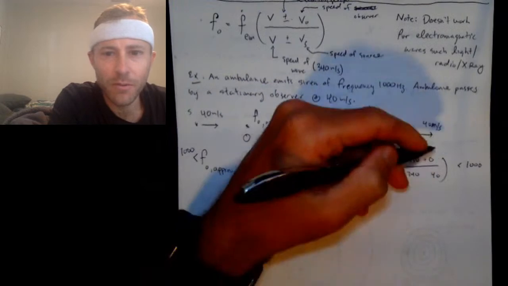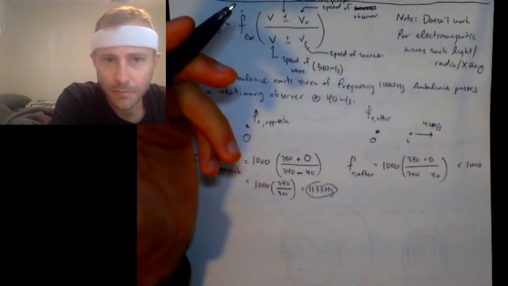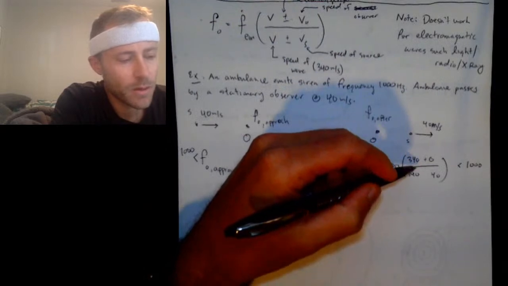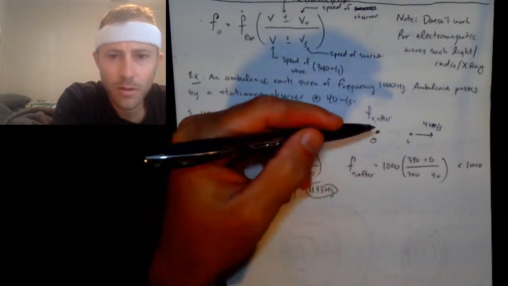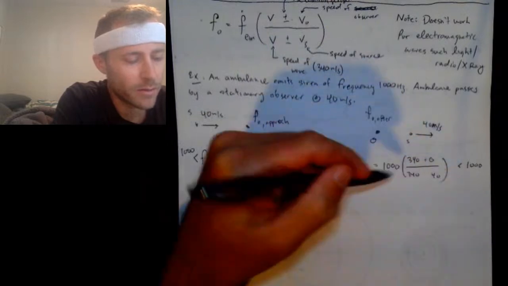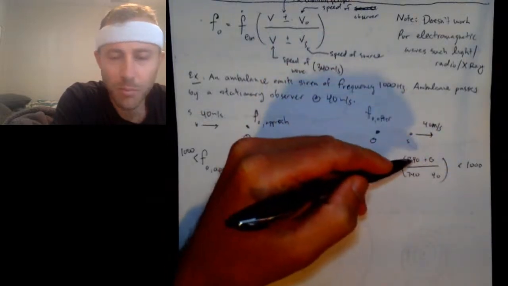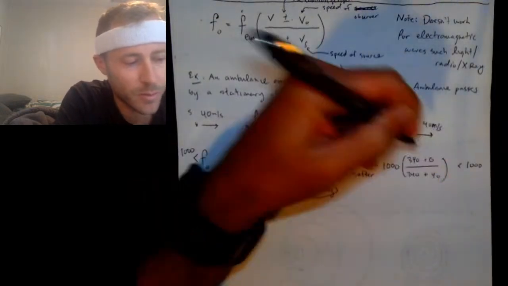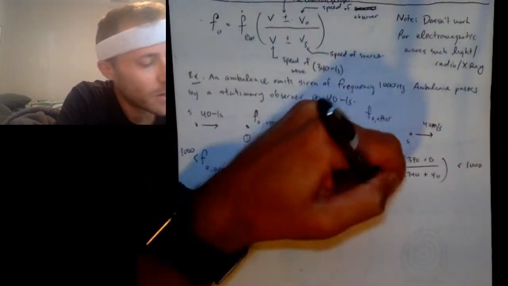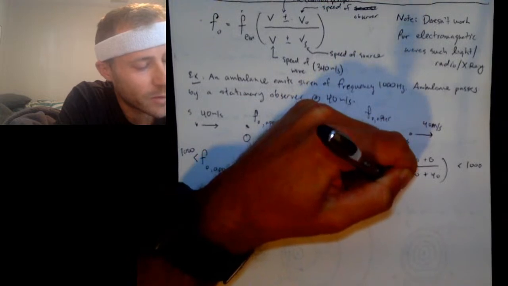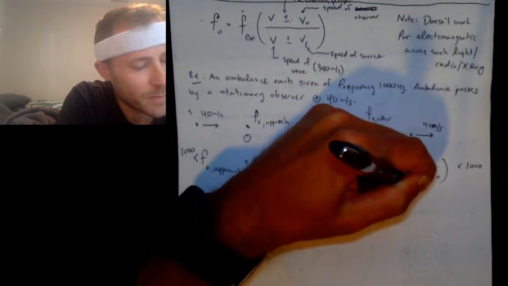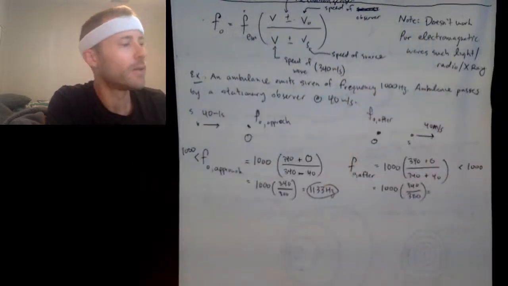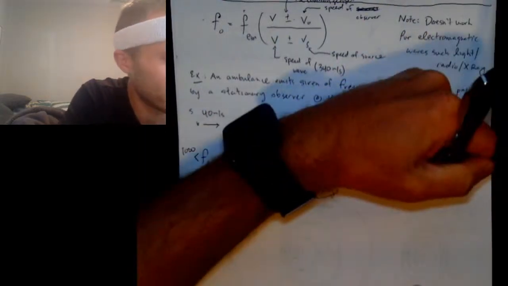And so if I have a fraction and I want to make it smaller, I need to make the denominator bigger. And so this will be a plus. And so I get 1,000 times 340 over 380, which is 894 hertz.